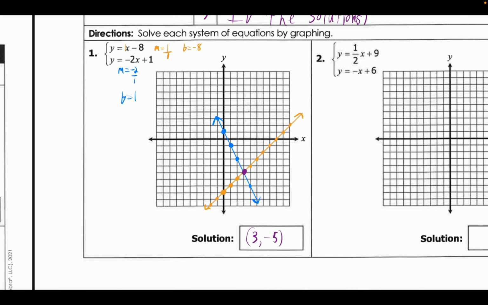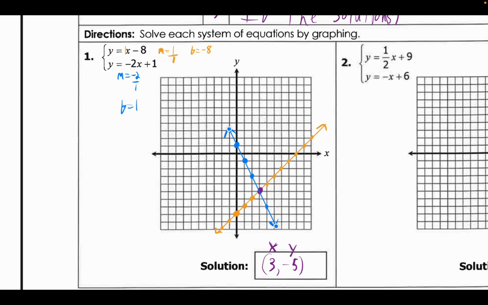I do want to mention that you're always able to check your work algebraically. How you can check your work is very similar to equations, where you plug in your answer to see if it worked. So what you would do is you would say this is an x, this is a y for my ordered pair, x comma y, and then you plug it into your equations one at a time.